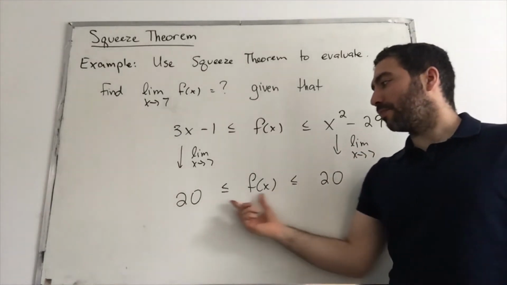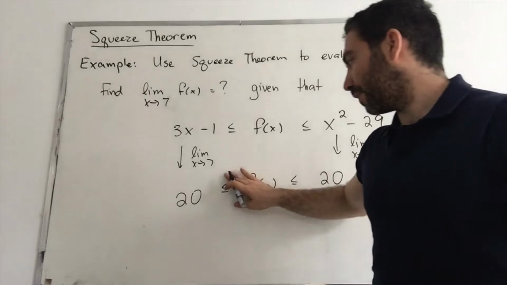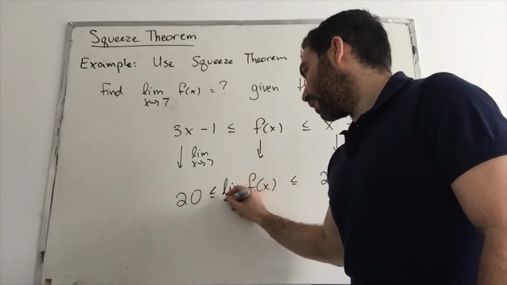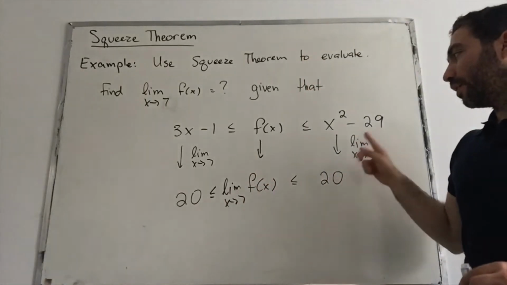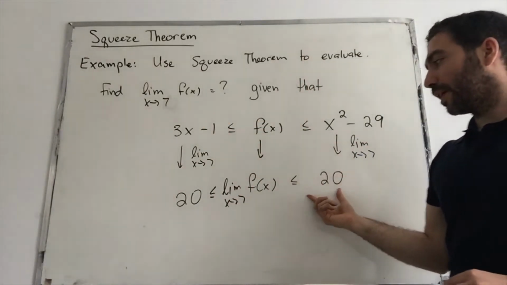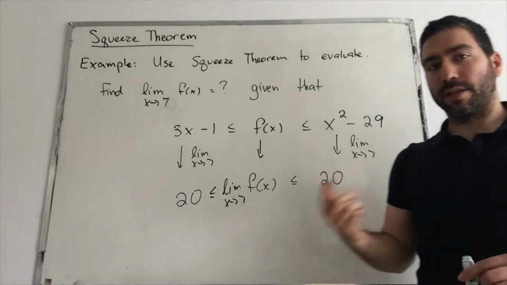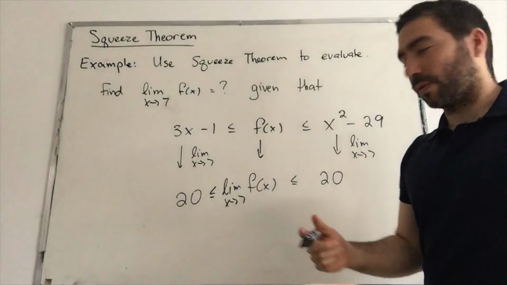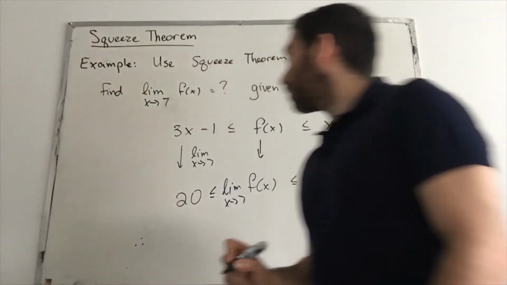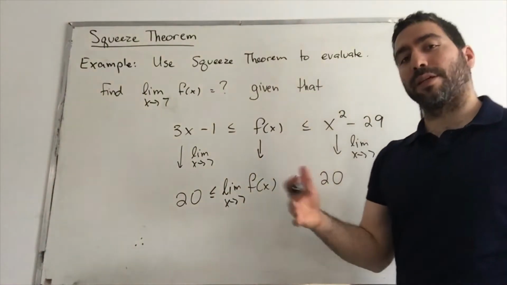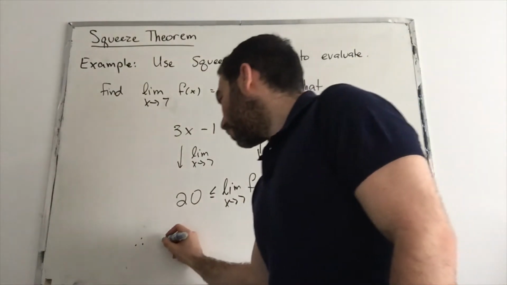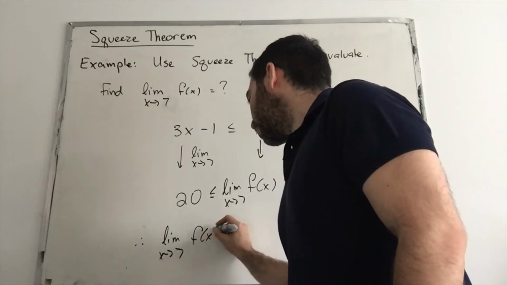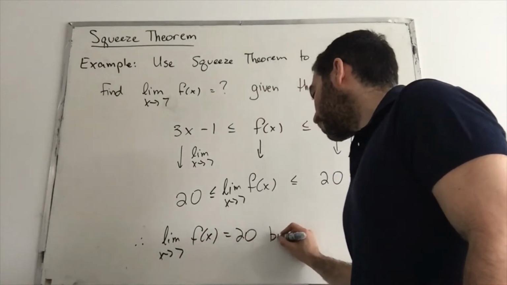So the limit as x approaches 7 of f of x, we took the limit on all three sides, is bounded between 20 and 20. Therefore, by squeeze theorem, the limit as x approaches 7 of f of x is equal to 20. It's important when you're using a squeeze theorem argument to state that you're using squeeze theorem. So therefore, the limit as x approaches 7 of f of x equals 20 by squeeze theorem.